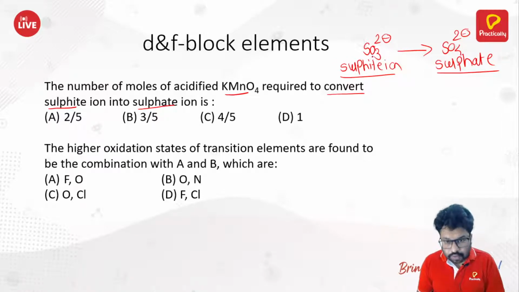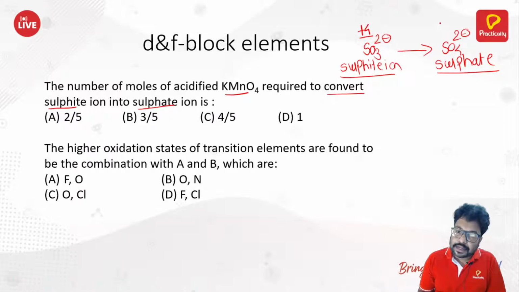Now in SO3 2-, what is the oxidation state of sulfur? 3 into 2 is 6, 6 minus 2 is minus 4, so sulfur must be in +4. In sulfate, 4 into 2 is 8, 8 minus 2 is minus 6, so sulfur must be in +6. So basically sulfur is getting oxidized from +4 to +6. So how many electrons have been lost?